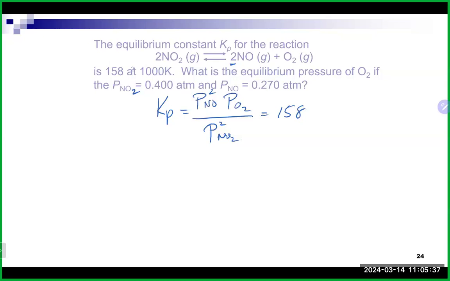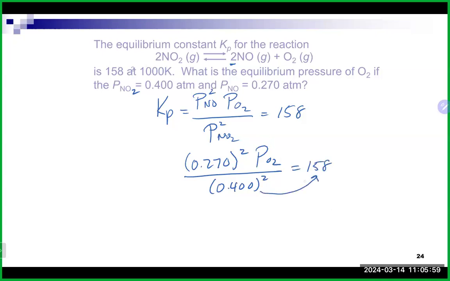In this case, we have the partial pressures of NO2 and NO given to us, which means we can put those in the hopefully right spots: 2.27 squared, times the partial pressure of O2, divided by 0.4, which we also need to square, and that's going to equal 158. We multiply that to the other side and then divide by the term on the top, so I'll do that in a single move.